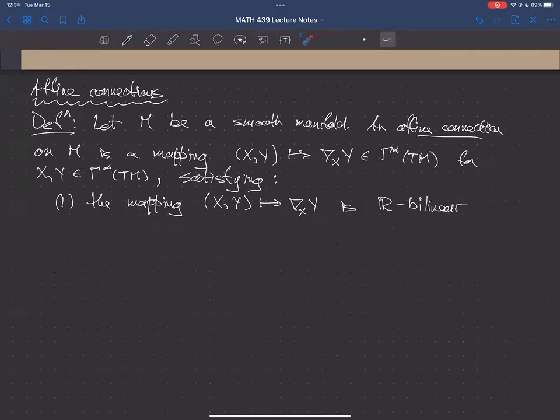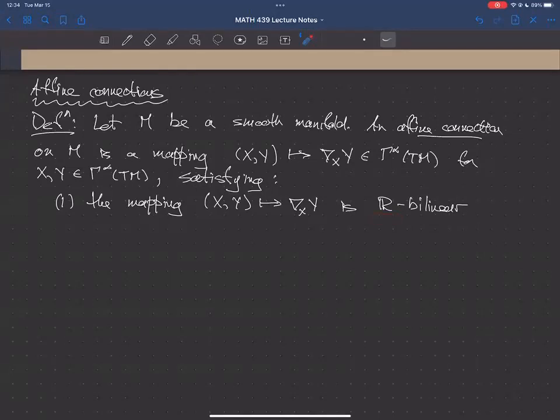Okay, and when I say R-bilinear, this is making reference to some of the things that we talked about last time with respect to the various kinds of algebraic structures on spaces of functions and vector fields. What we saw last time was that the space of smooth vector fields has the structure of a vector space. So then you have addition and scalar multiplication, and it's that I'm talking about here.